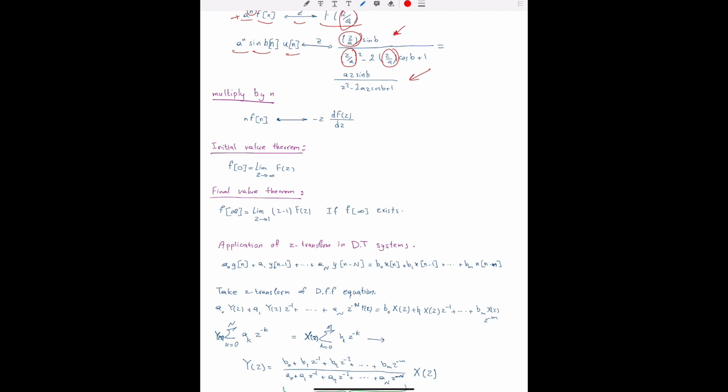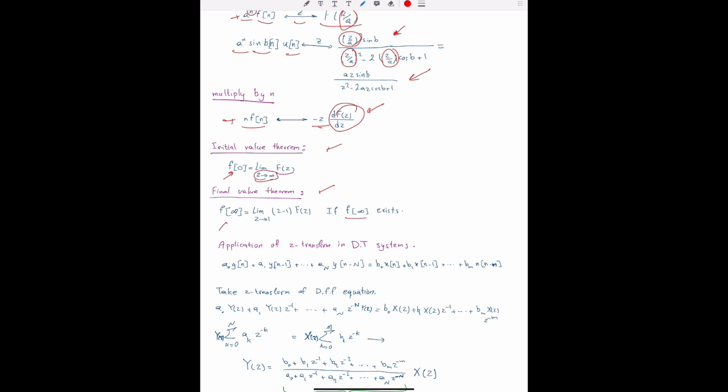Now, what about multiplying by n? So we have n multiplied by f of n. We're basically taking the z transform, f of z, and then multiplying it by minus z. Now, there are two theorems, the initial value and the final value theorem, where we can find the initial value of f of 0 and the final value by taking limits. We can find the initial value by taking the limit of f of z when z goes to infinity.